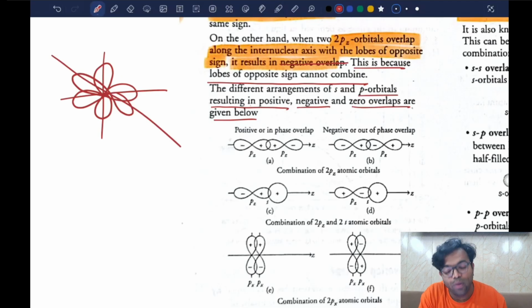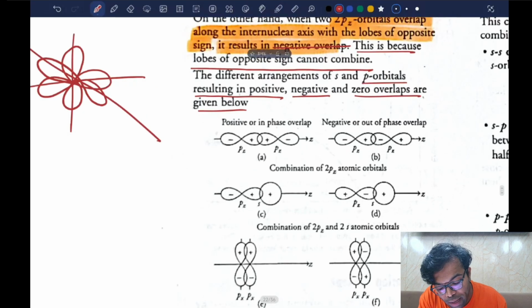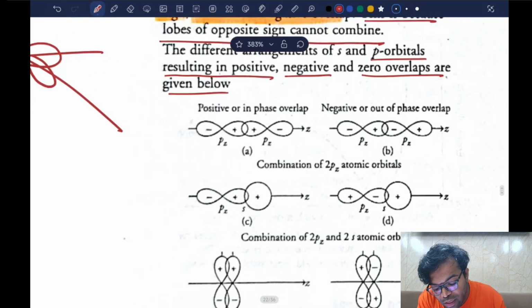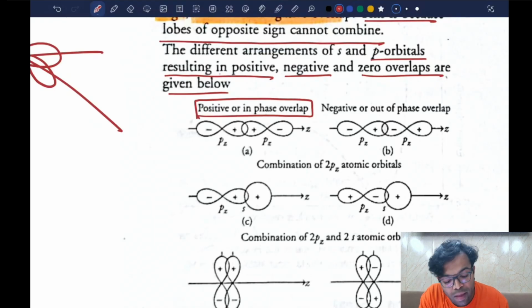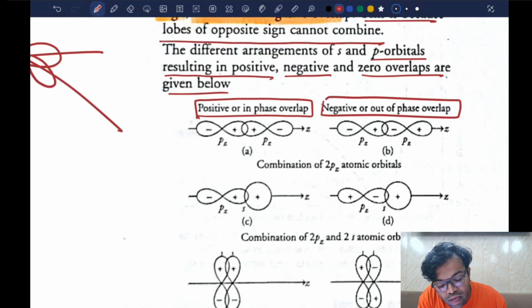Now we have taken the pz orbitals. The pz has two lobes, one positive and one negative. If both the positive lobes overlap with each other like this, then you have a positive or in-phase overlap happening. But if you have a positive and negative overlap taking place, then you have an out-of-phase overlap happening.